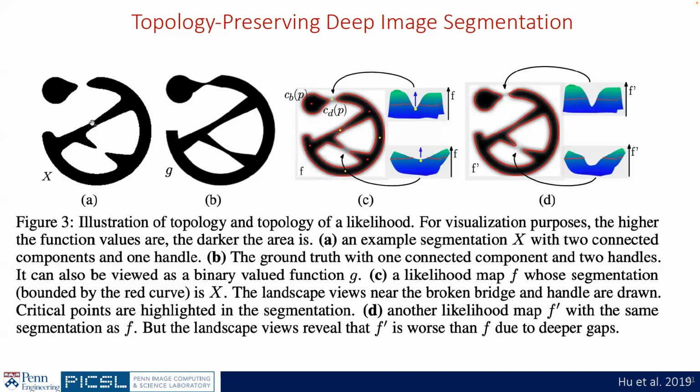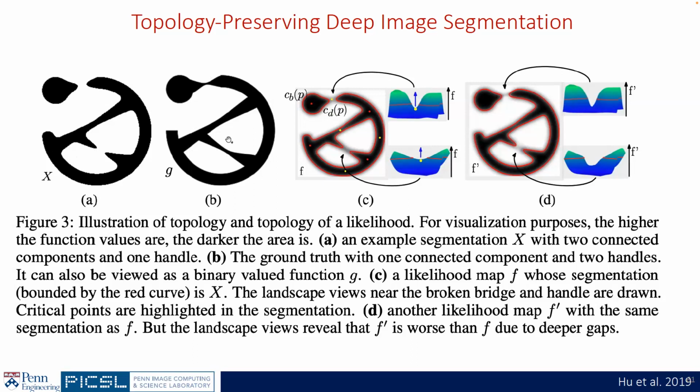And this one, which let's say we get from our current segmentation method, has two connected components, just one handle and just one hole. We want the segmentation to be corrected so that it looks like this, because this is the actual segmentation we're interested in.